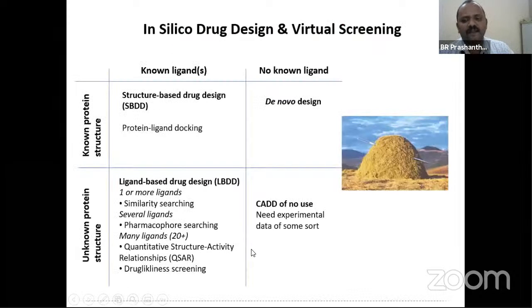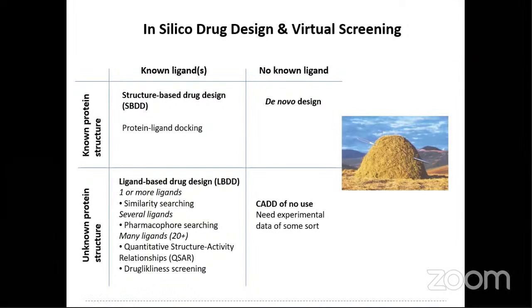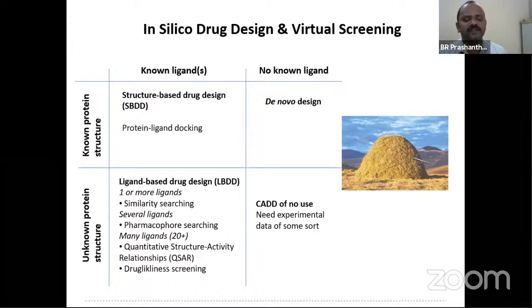Next, in in silico drug design and virtual screening, there are four quadrants which we follow. What are these four scenarios?